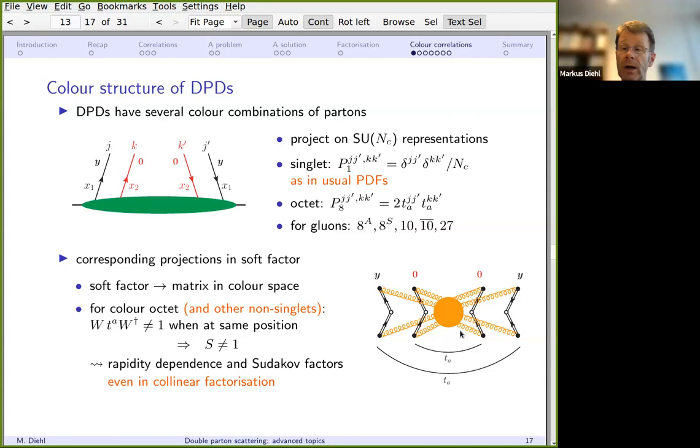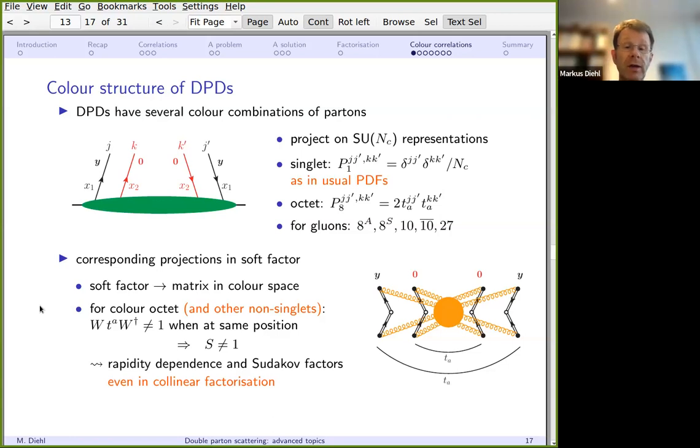Then you put on your color octet projector, t^a, and here you have the conjugate Wilson line, just because this is in the amplitude and that is in the complex conjugate amplitude. These Wilson lines are sitting at the same transverse positions as the respective partons, so they're sitting at the same point in space. And if you have W times W dagger with a unit in between, then you have one. And that means in the color singlet, this soft factor just becomes unity, then you can forget about it.